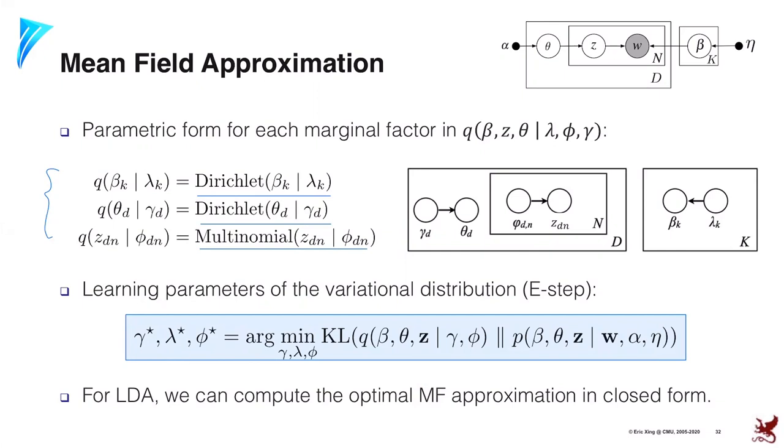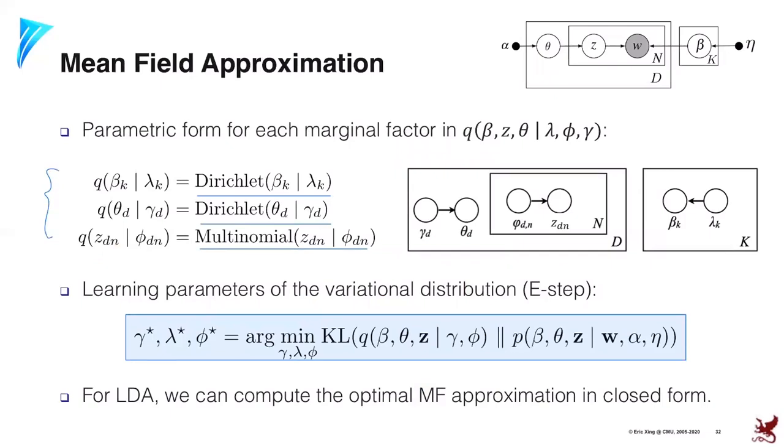Then we choose the approximation distribution like this. We choose the Dirichlet distribution to approximate the distribution for beta k and theta d, and then we choose the multinomial distribution for this z d.